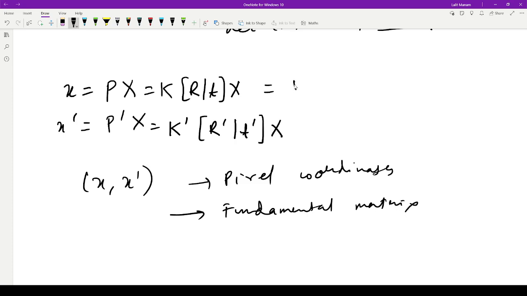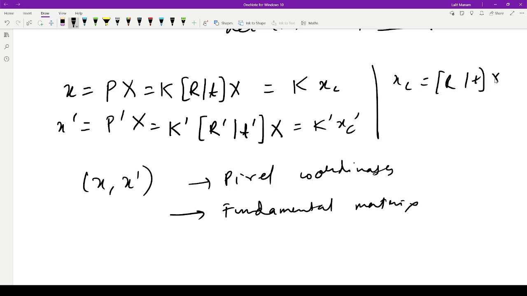So I would write this as K into xc and K prime into xc prime, where xc is R t x and xc prime is given as R prime t prime x.